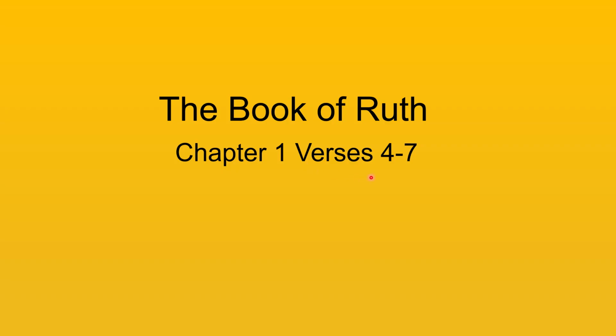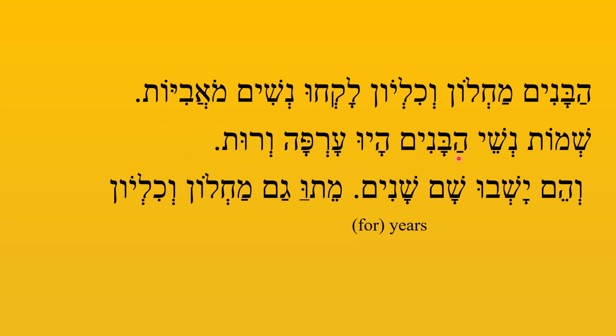This will cover chapter 1, verses 4 through 7 in the book of Ruth. And this is also on Quizlet with the translation, so you can practice it there. Right now, we're just going to read through it. Hopefully you've already practiced a bit on this. I'll read through it, and then you can stop the video and continue practicing until it's more familiar to you and easier to read.